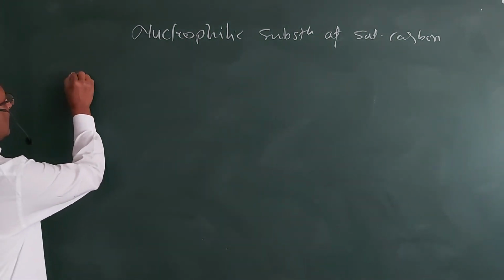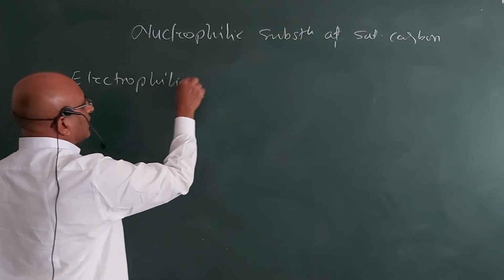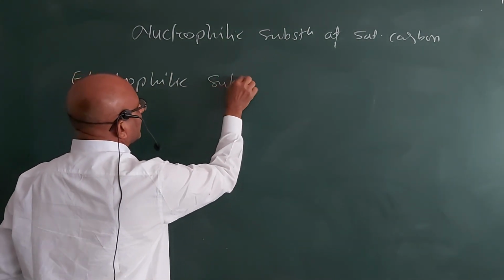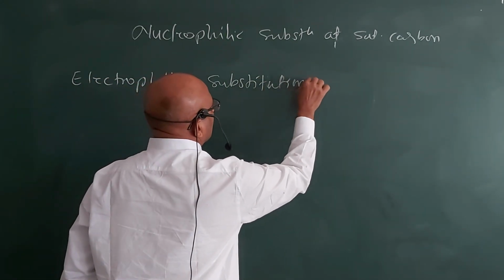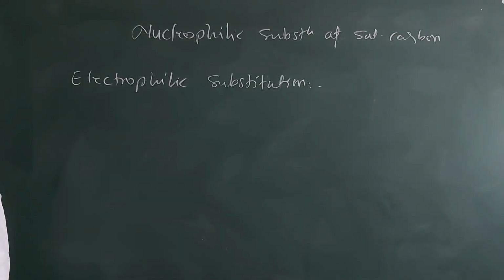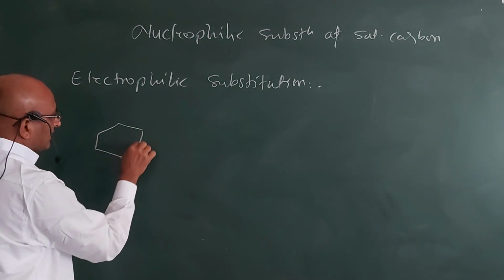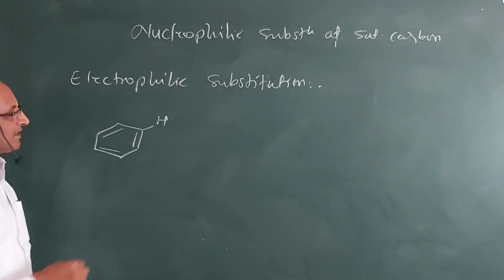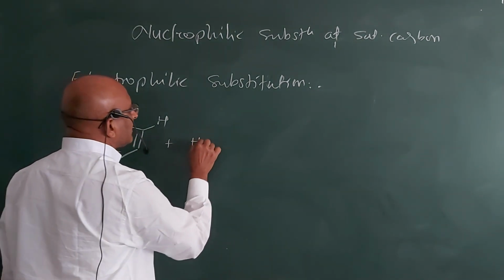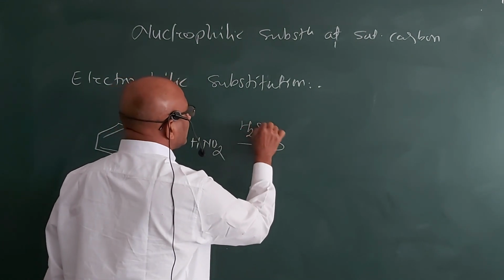So, what is the electrophilic substitution reaction? It is where a positively charged species replaces an atom. Here we have studied the reactions of benzene in which the hydrogen atom of the benzene is replaced by the nitro group in the nitration reaction.